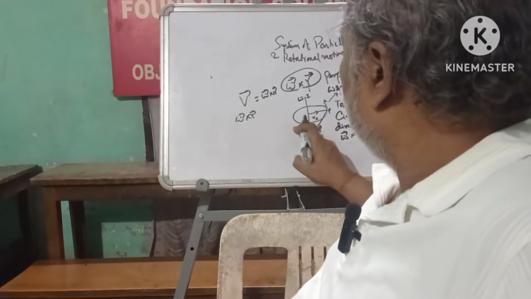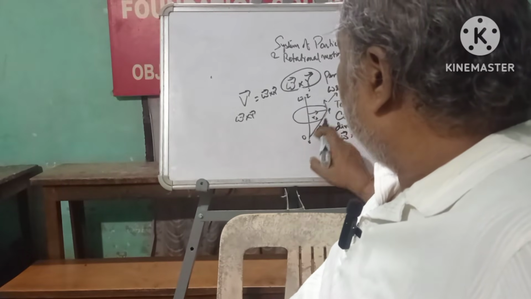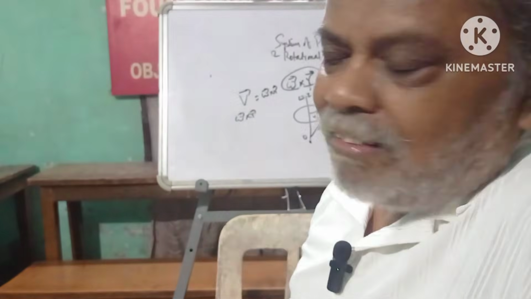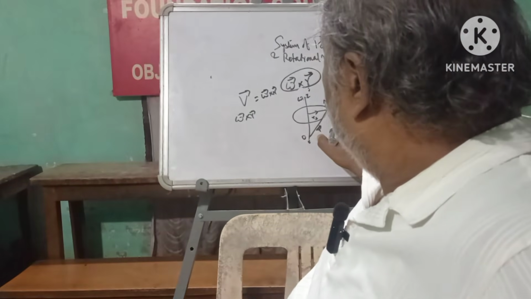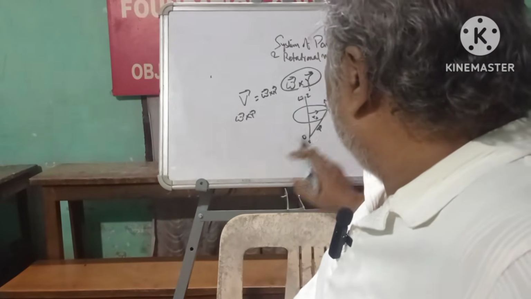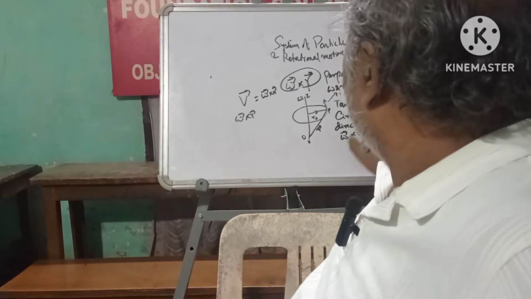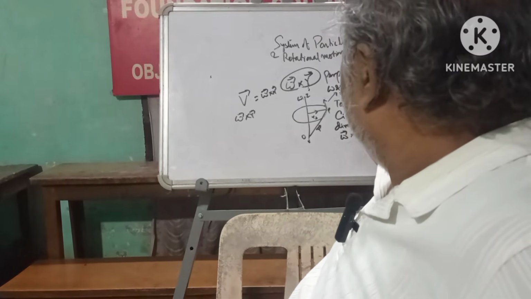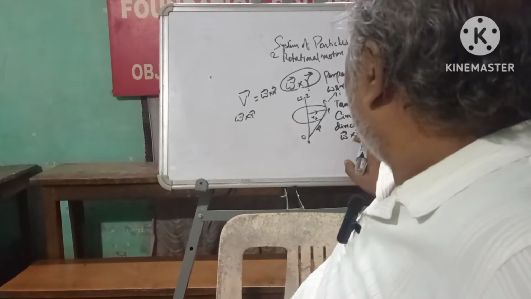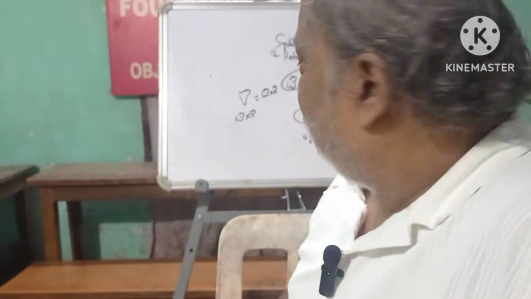Here particle P is rotating in a circular path, and the position vector of the particle is r. The direction of omega cross r is tangent to the circle.